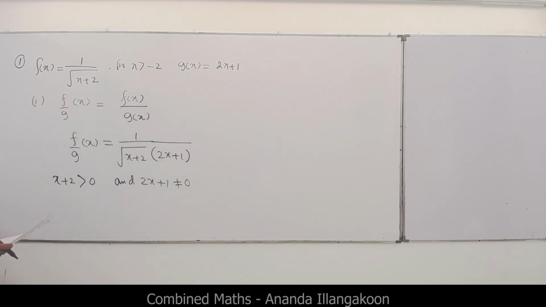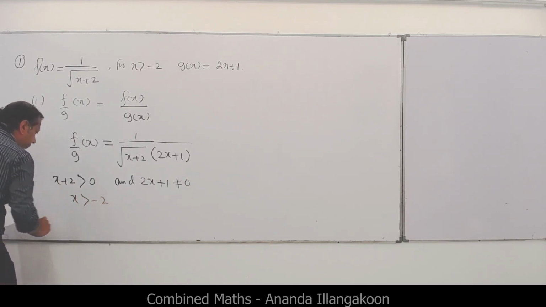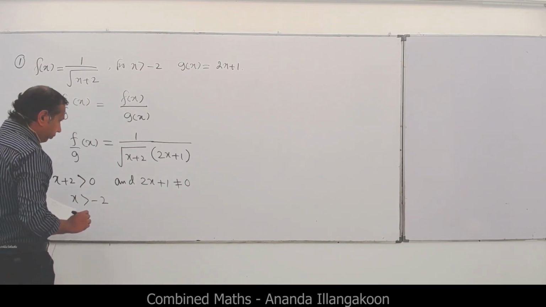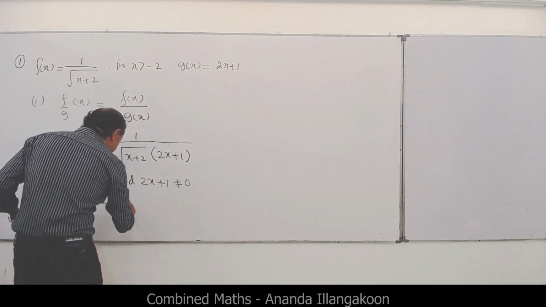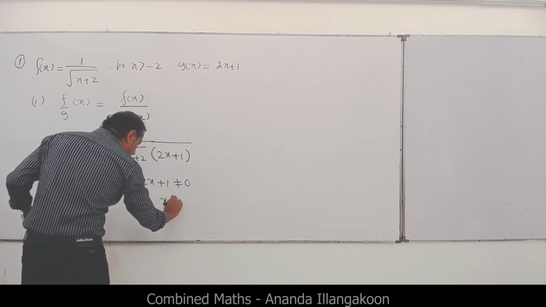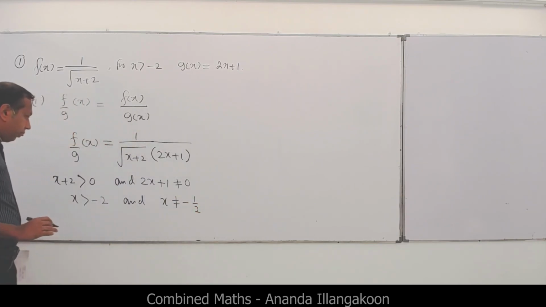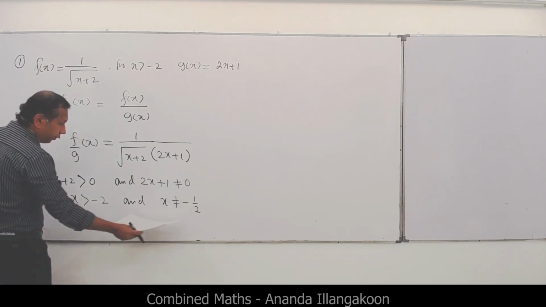Then here x + 2 greater than 0 means x greater than minus 2. And here x should not be equal to minus half. Then we need to take the common region for this and this.